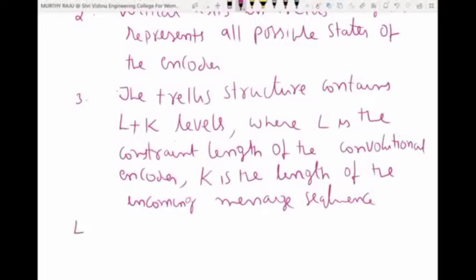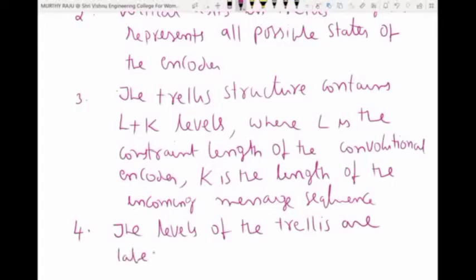The levels of the Trellis are labeled as I is equal to 0, 1, 2, and so on, up to L plus K minus 1. These are the labels.